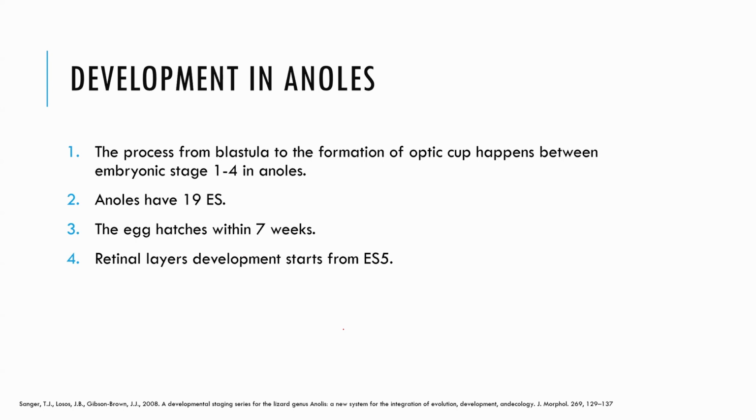Anoles have 19 embryonic stages, and the eggs are usually laid at about embryonic stage 4, or probably right after embryonic stage 4. And they hatch within 7 weeks if the correct amount of heat and humidity are maintained. And starting from embryonic stage 5, we're able to observe the development of the retinal layers.